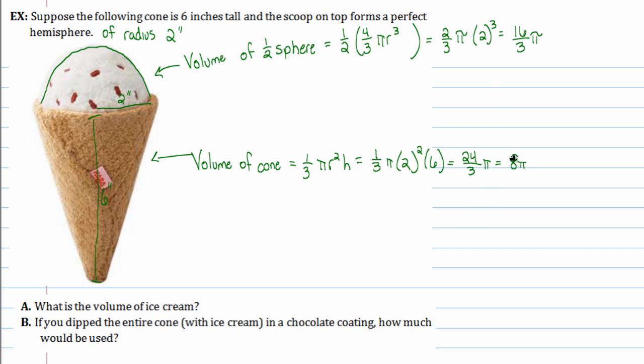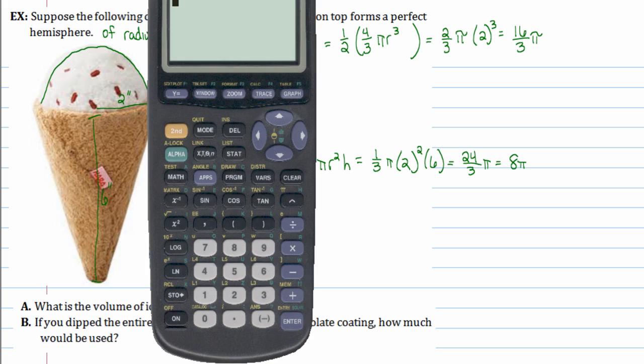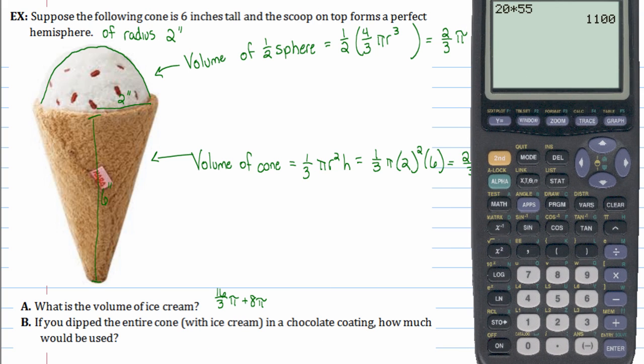So altogether, the volume of the ice cream is 16/3 pi plus 8 pi. And you can grab a calculator, because at this point in the game, we're not really too concerned about combining like terms on something like this, although we possibly could. 16/3 times pi, notice I'm not multiplying by 3.14 because that's not right, plus 8 times pi.